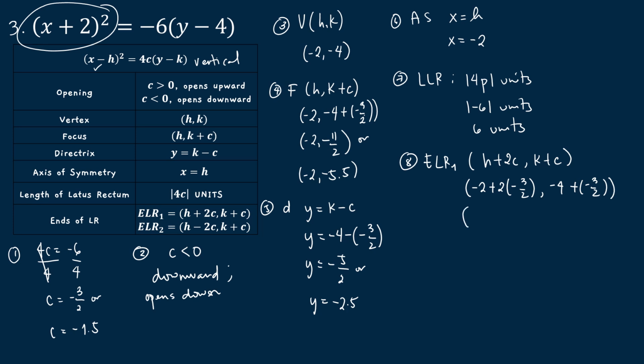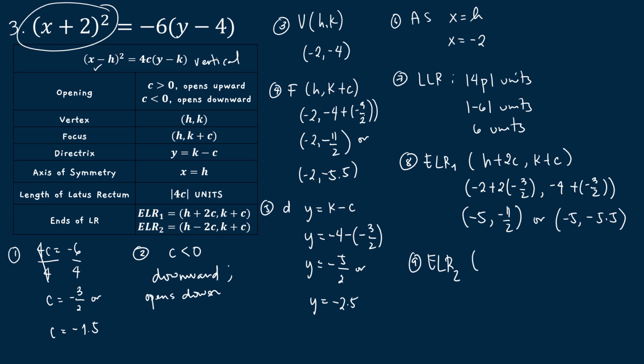So by using your calculators, you can solve or type the solution for the left side, our x-coordinate. That would be negative 2 plus 2 times negative 3 over 2. Okay? So the answer would be negative 5. Comma, copy nyo lang yung nasa focus, negative 11 over 2, or simply negative 5, comma, negative 5.5. So, bahala kayo kung ano gusto nyo gamitin dyan sa dalawa.